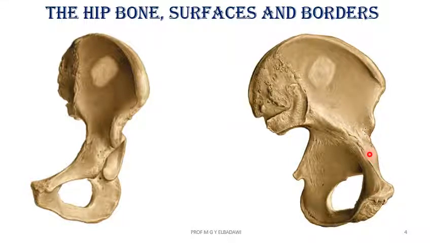That is a rapid summary for the surfaces and borders of the hip bone, which are the basics to follow when we are describing the anatomy of the pelvis and the perineum.